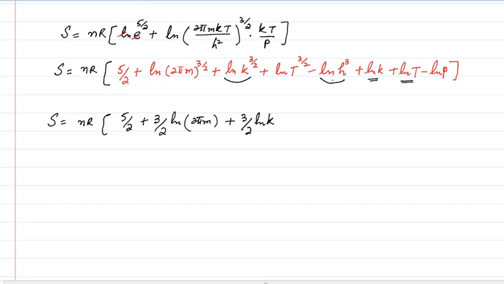One more term is here, so we will write plus ln of k. Again this is 3 by 2 ln of T, so here one more T is here, so we will write plus ln of T. Then minus ln of P, and minus 3 times ln of h.